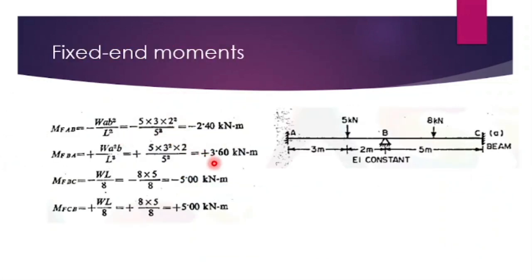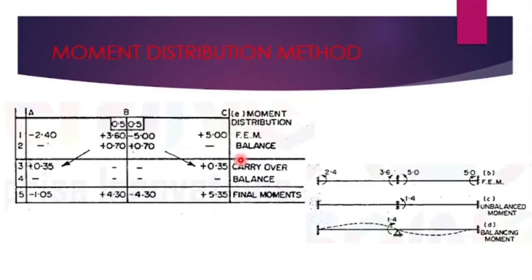Plus 3.6. So you have minus 2.4 and plus 3.6, and for the fixed end moment at B to C, you got minus 5 and plus 5. So these are FEM. What is FEM? Fixed end moment.